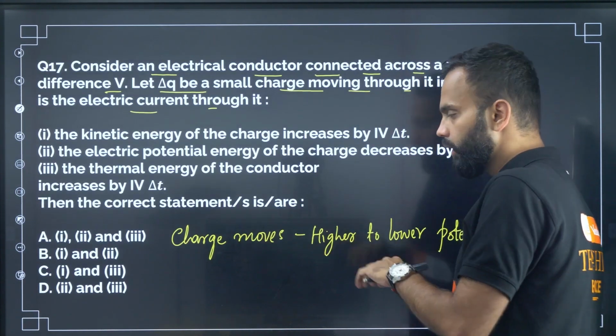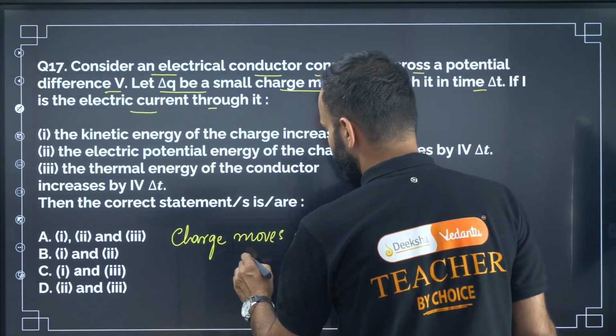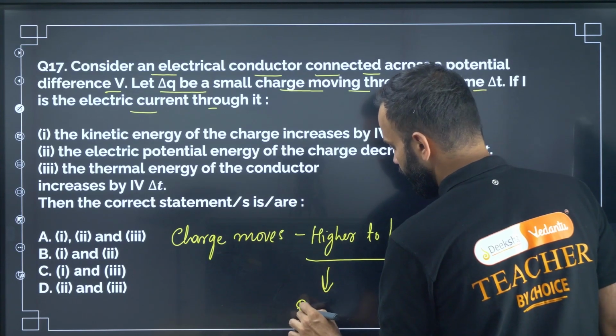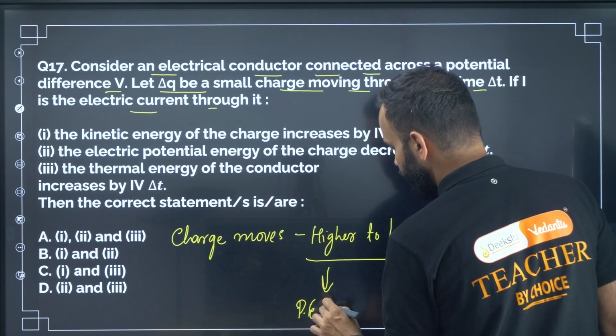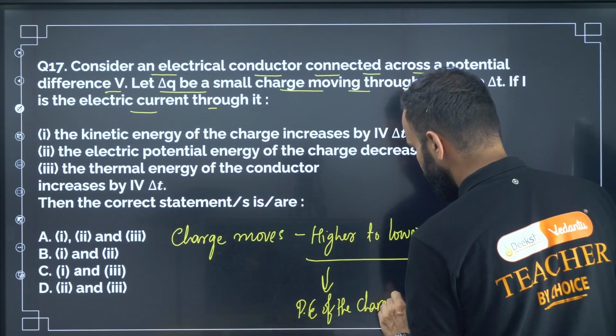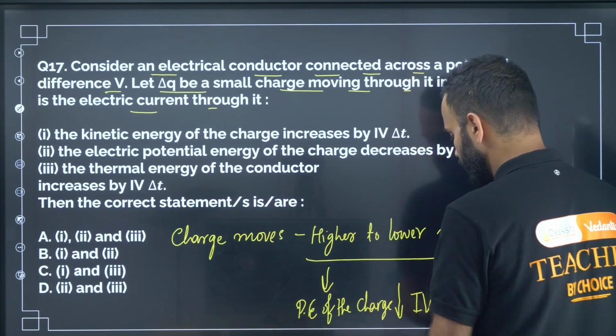When charge moves from higher potential to lower potential, potential energy decreases. The potential energy of the charge decreases by I into V into delta T.